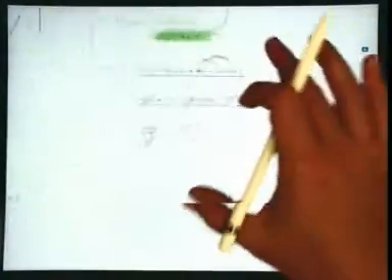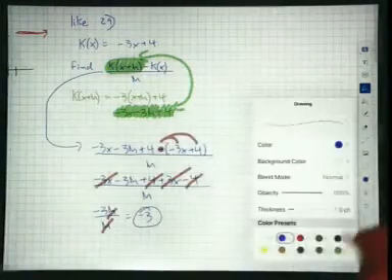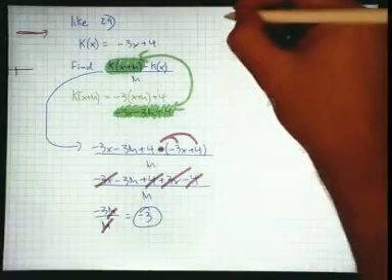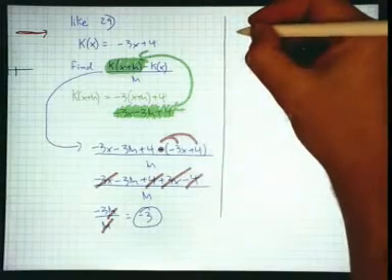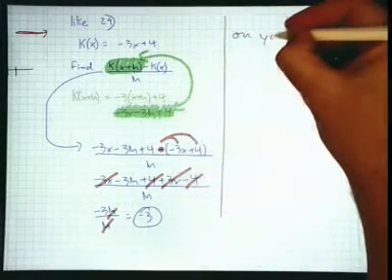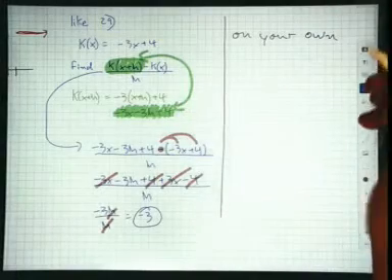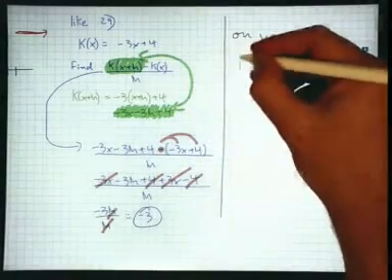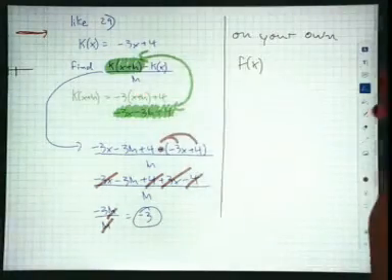So, I challenge you on your own. This is good practice. If you want to do well on the next exam, practice is key. So, on your own, try something like f of x equal to, make it like 29.